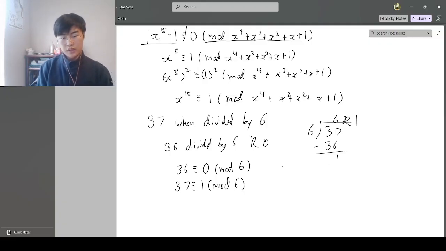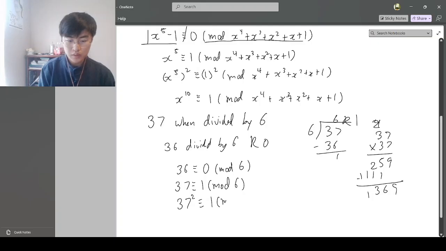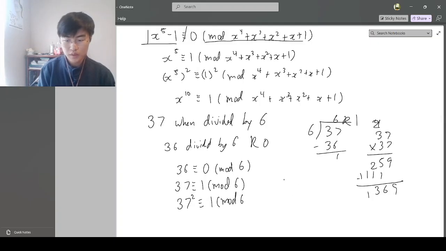Now, let's try with slightly more arbitrary terms. Or even before that, we can just square it to convince ourselves this makes sense. So 37 squared is, let's see, 1369. I would say in this situation, it would still be only a remainder of 1, but let's convince ourselves that this actually works out.